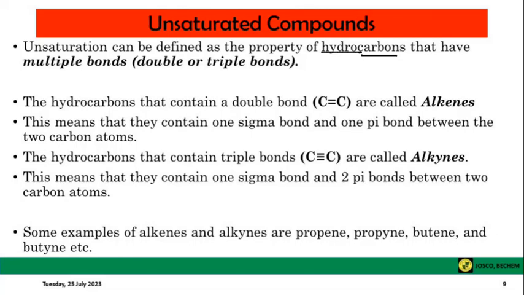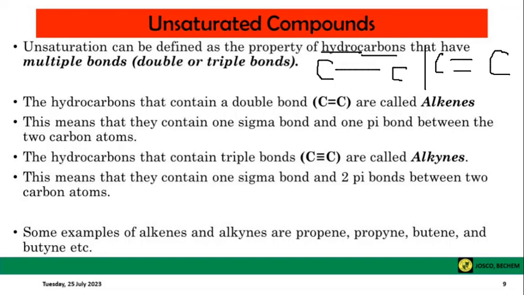However, we also stated that you can have more than one bond connecting your carbons. For example, you have C bonding to C. However, we can have C with two bonds.